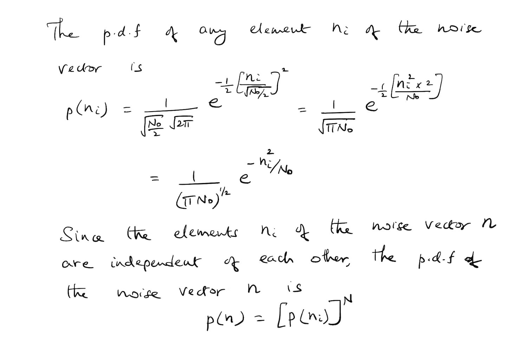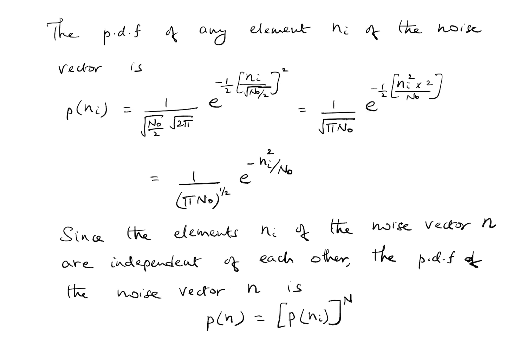How do we know that? We know from the fact that when we talked about the autocorrelation, we saw that the autocorrelation of white Gaussian noise is a delta function. That means one sample and another sample of noise are going to be uncorrelated or independent of each other. Therefore, each of the elements of the noise vector, n1, n2, n3, and so on, are all independent of each other.